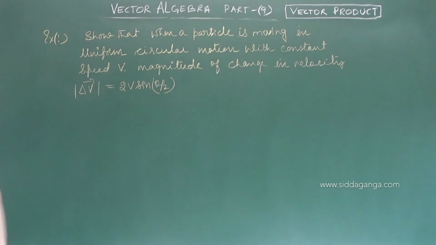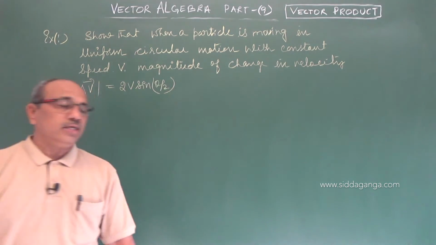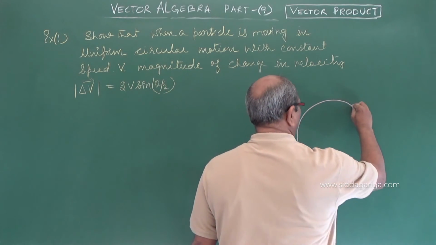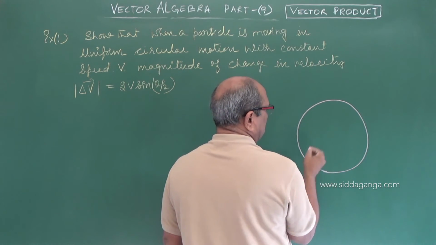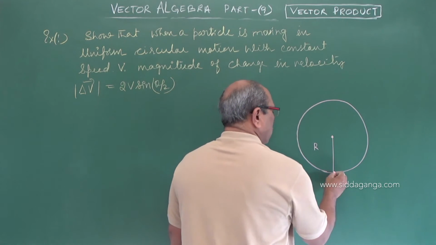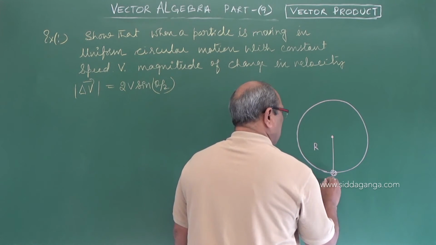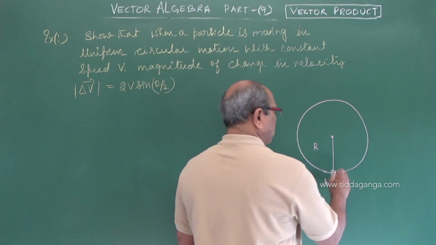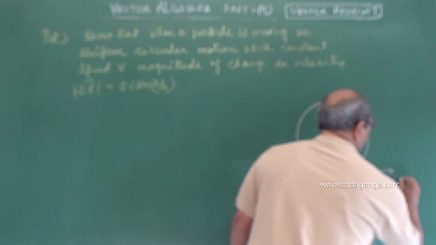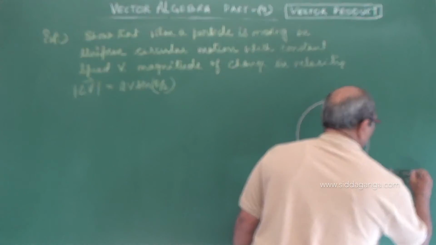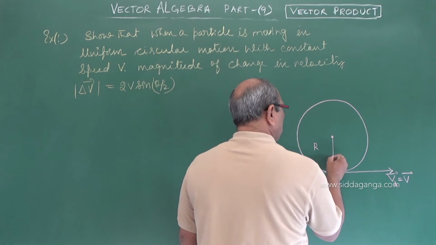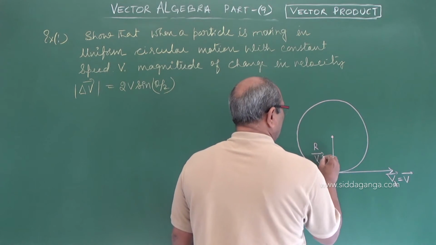So here we have to think something, because they are telling that some particle is moving in a uniform circular motion, let it be of some radius r. Now let us consider the position of the particle at A. At the lowest position, the velocity is completely along VA, which is V, only along V. At this position, Vy is 0.